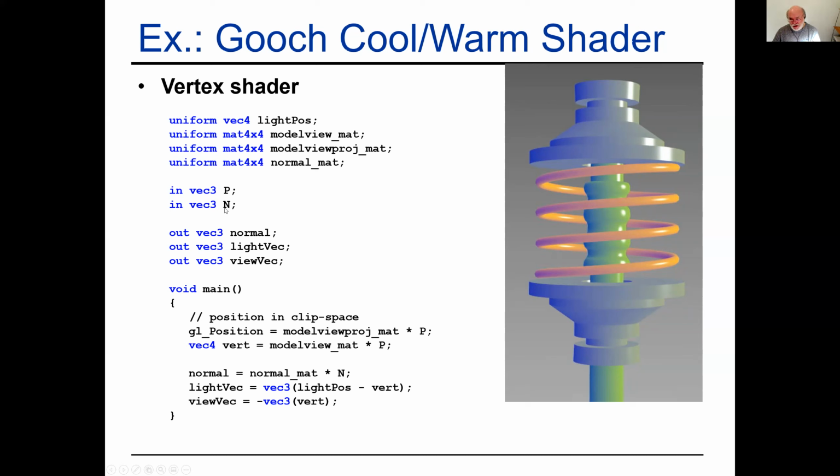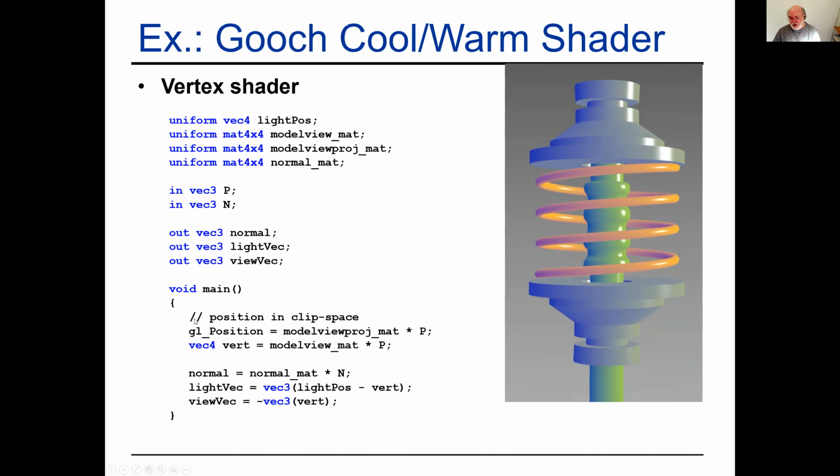These are the attributes you get from the draw call, so you need to specify not just the position, but also a normal. And then you output to the fragment shader a normal, the vector to the light source, and the vector to the camera. And the idea is clear: we want to do the lighting computation in the fragment shader.